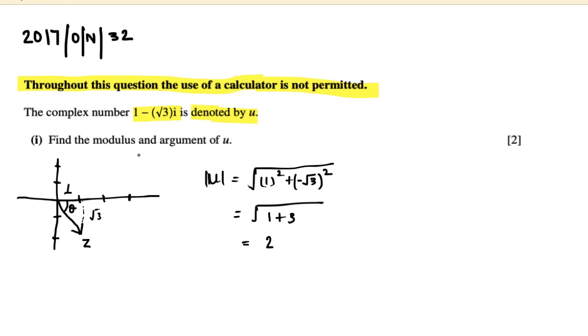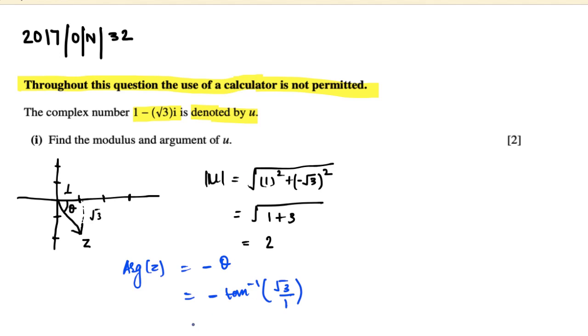Now we need to calculate the argument of u, and we know the argument is the angle of inclination of the complex number, the angle theta. The angle theta is in the fourth quadrant and we know that the tangent of this would be negative. So we can write argument of z equals negative of theta, which is equal to negative tan inverse root 3 by 1, which is a standard angle, and this needs to be a standard angle because we are not supposed to use a calculator over here.